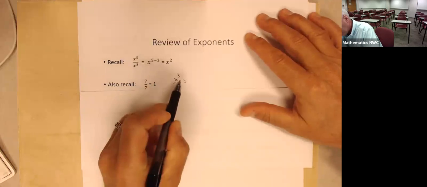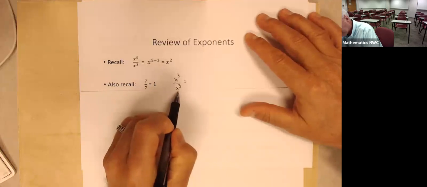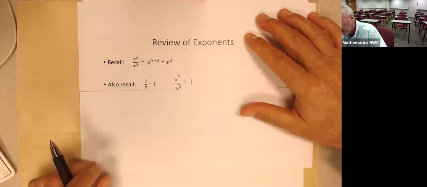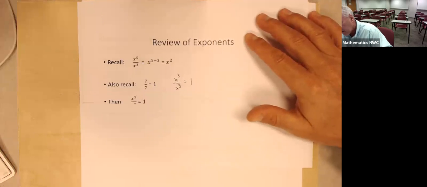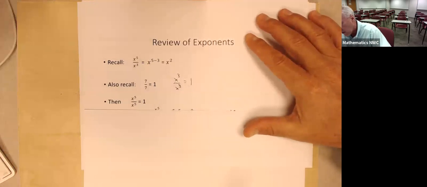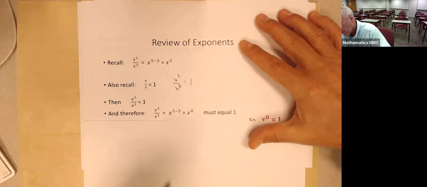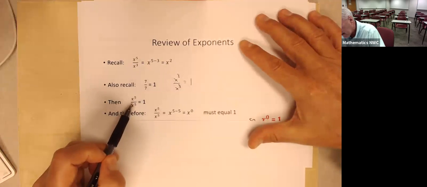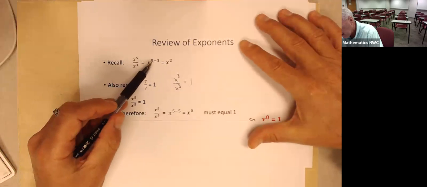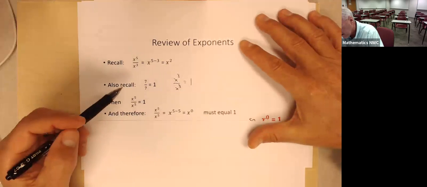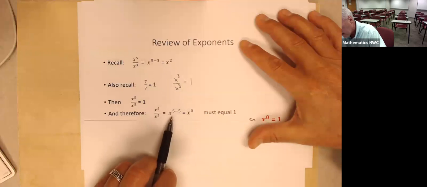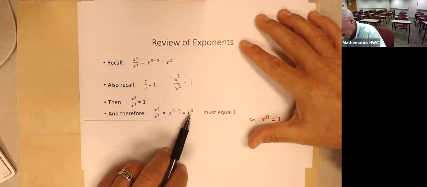So even if the numerator were x to the third and the denominator were x to the third, the numerator and denominator are exactly alike. Like 7 is the same as 7. We know that has to be 1. Okay? X to the fifth over x to the fifth has got to be 1. However, when I was dividing, remember that I also could be subtracting the exponents. So if I had taken 5 and subtracted 5, I would get x to the 0.